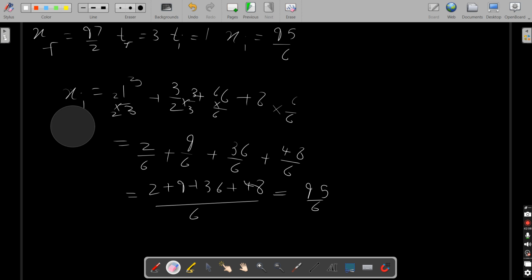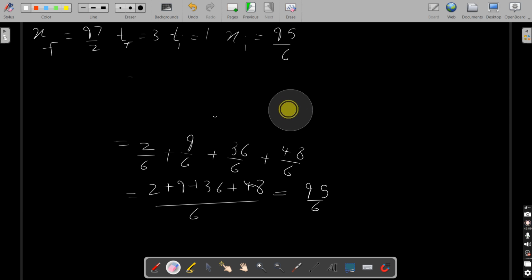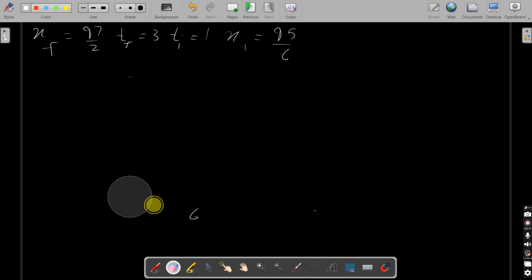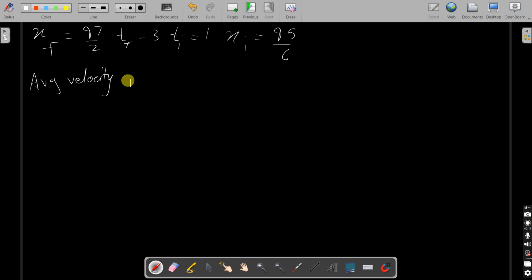We have got everything we need to calculate the average velocity. So average velocity will be x final minus x initial, 97 upon 2 minus 95 upon 6, divided by t final minus t initial, 3 minus 1.